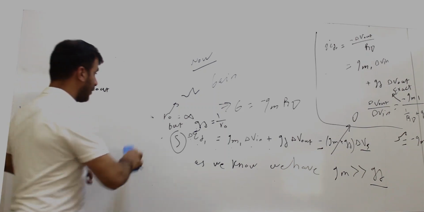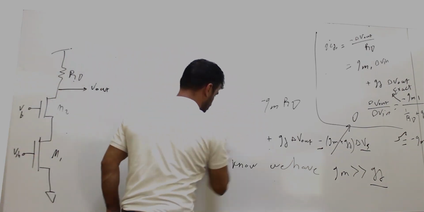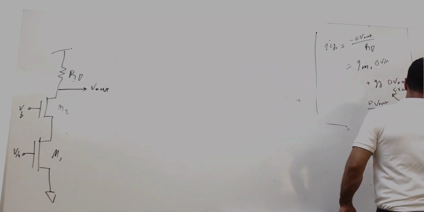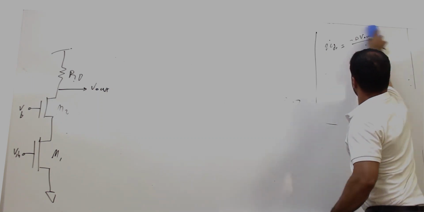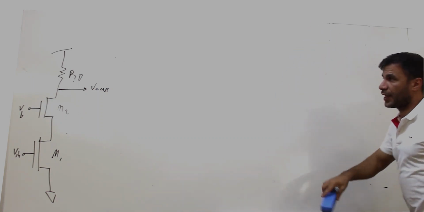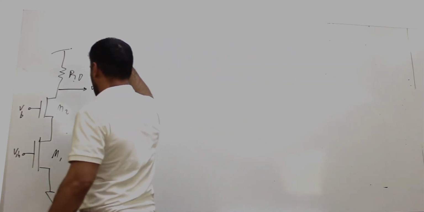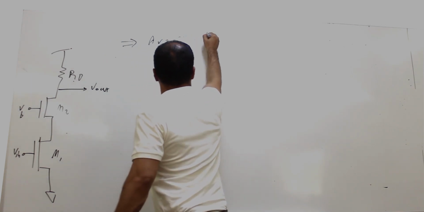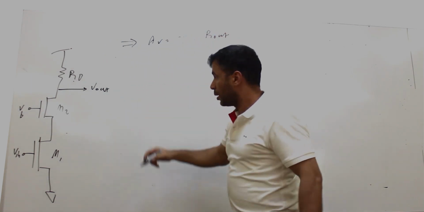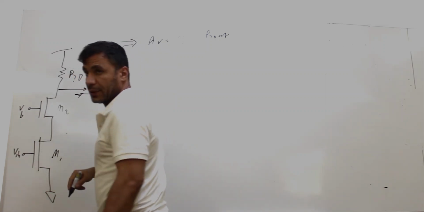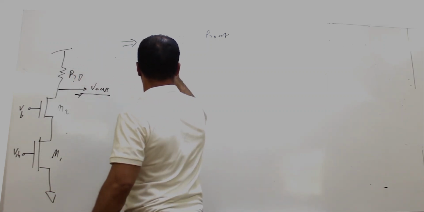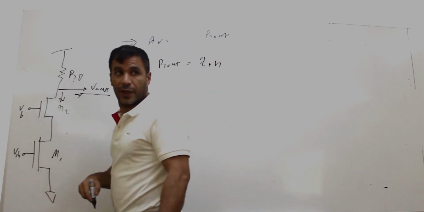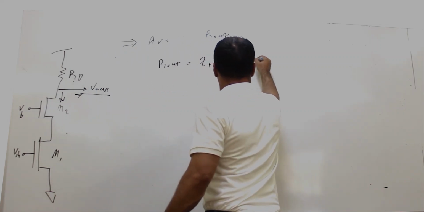Okay? If we want to find the gain, we can find it like this. The gain over here, if you check, is AV equals minus GM with R output. Now, our R output here is Z Thevenin, which is the resistance you see from this side, in parallel with the RD.